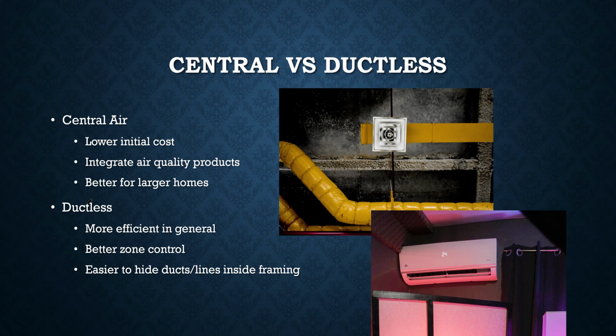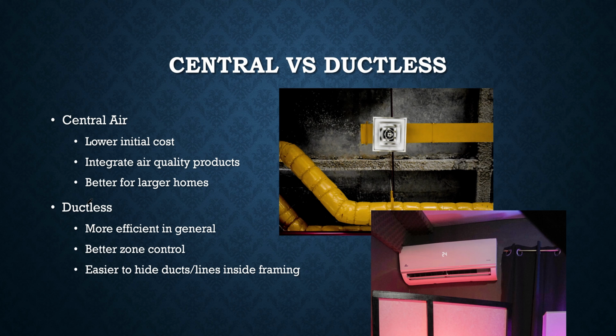So ductless are nice because they're more efficient in general. The actual heat transfer process is generally more efficient in this technology. So that will save a little bit on energy. And part of the other efficiency comes from the zone control, right? You can keep certain rooms hotter or colder depending on what you've programmed into your ductless units, and put the energy where you want it, basically.